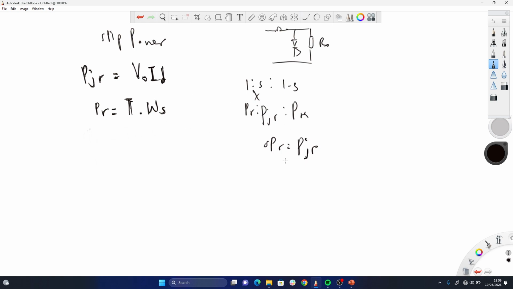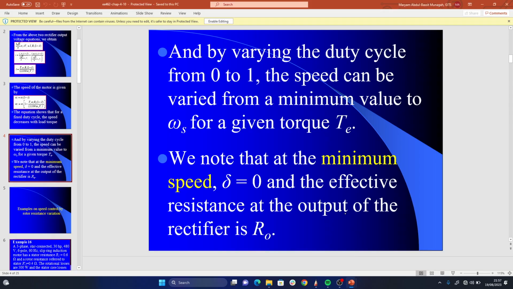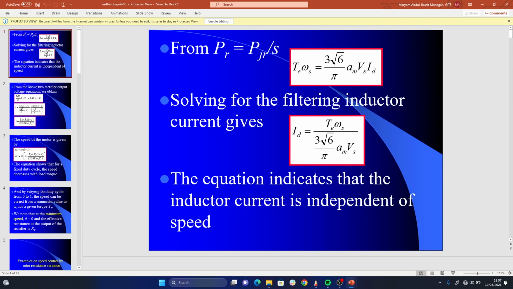Over here, I want to show you something that's happening. So PR is PJR over S. So if I divide PJR by S, you see, at first in PJR there was an S here. So if I divide this by slip, I'll get PR. That's all we are trying to say in this formula here.